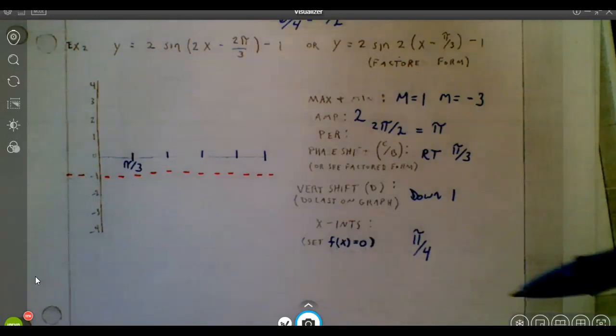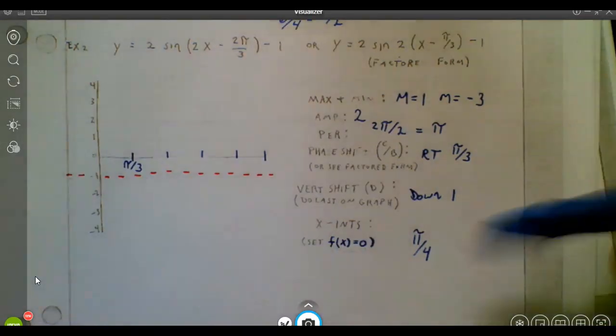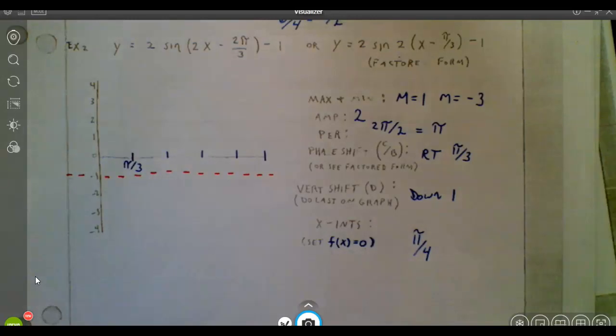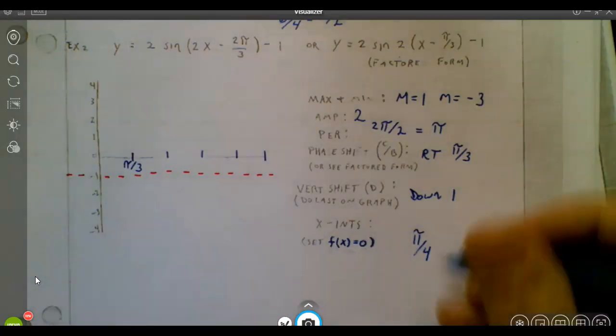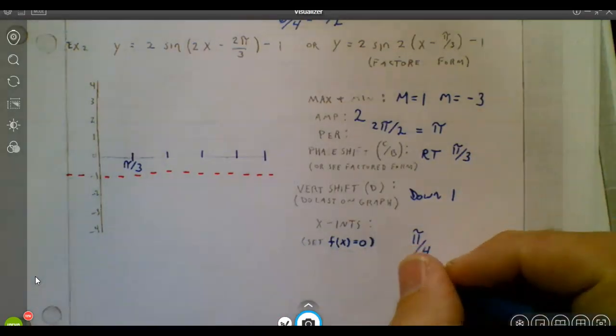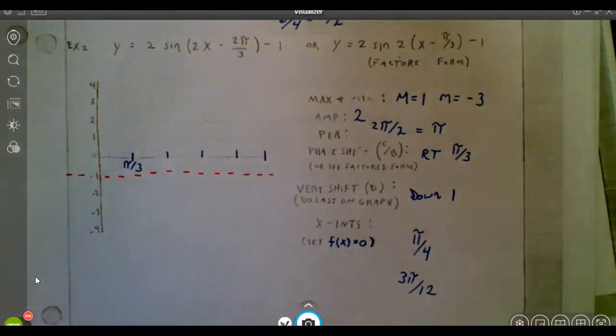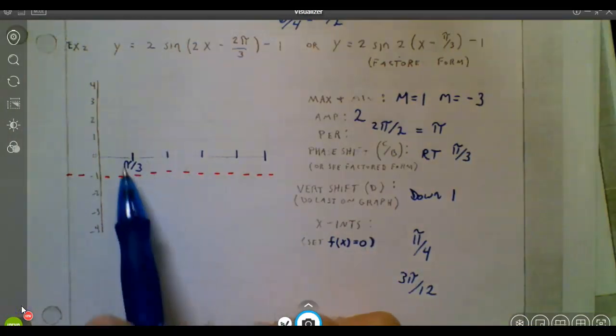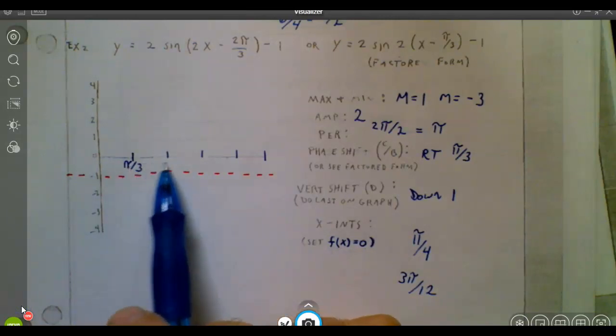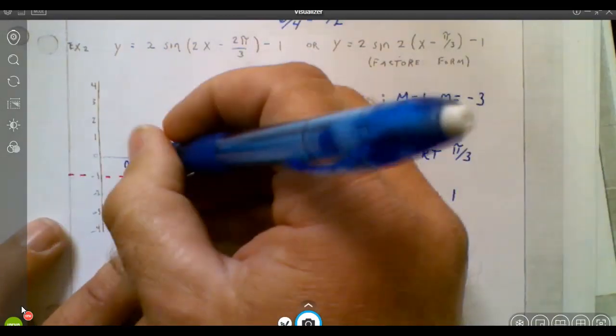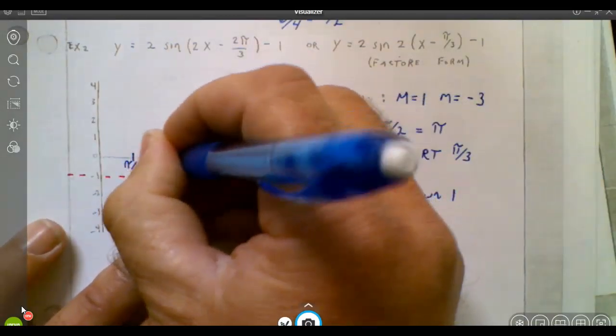So I will think of these in terms of 12s, so I can create that common denominator. So to pi thirds, I will really be adding 3 pi over 12 to that guy. So I'm starting at, let's call that 4 pi over 12. So if I did 4 pi over 12 plus 3 pi over 12, I would be at 7 pi over 12.